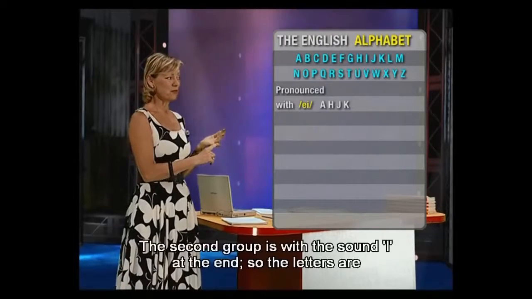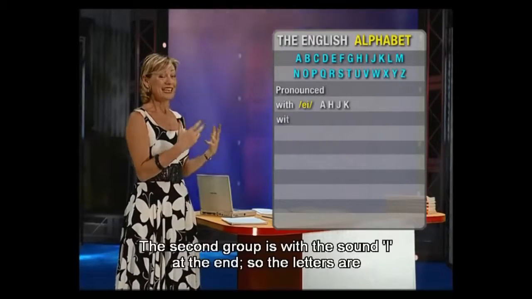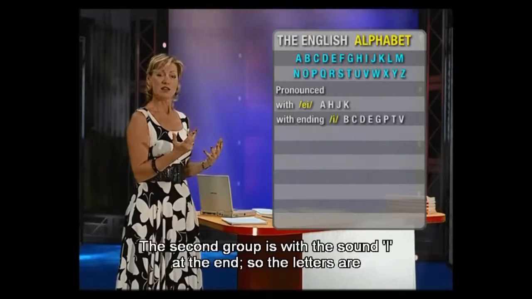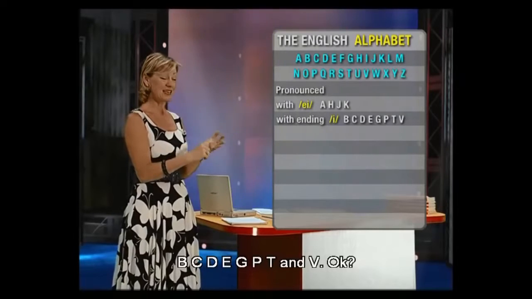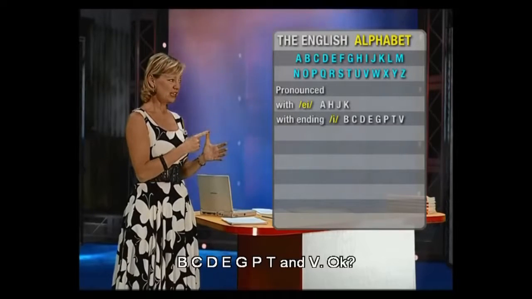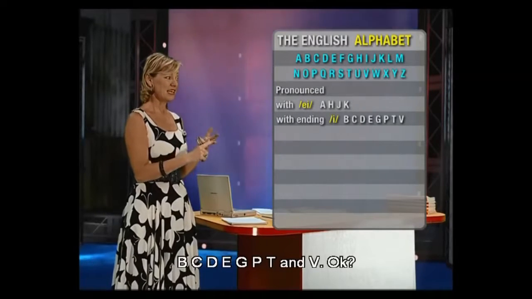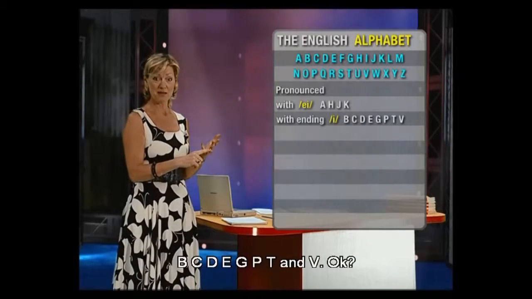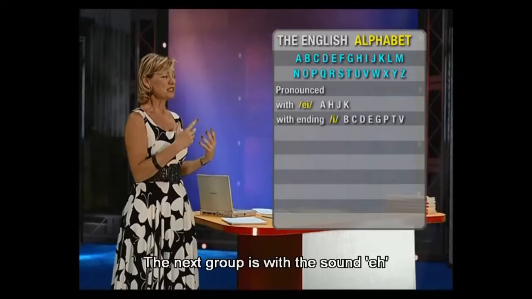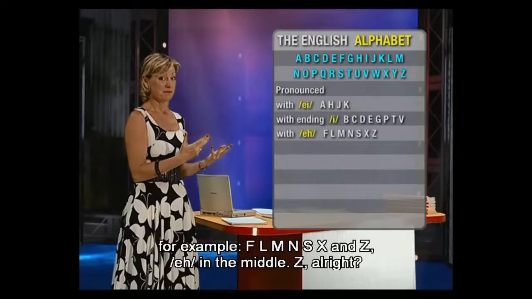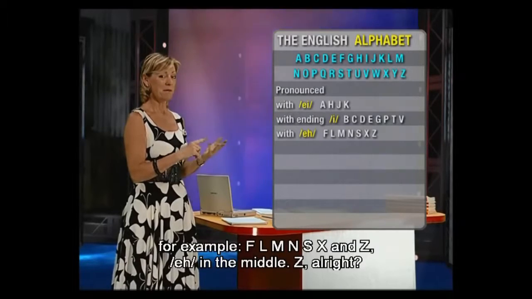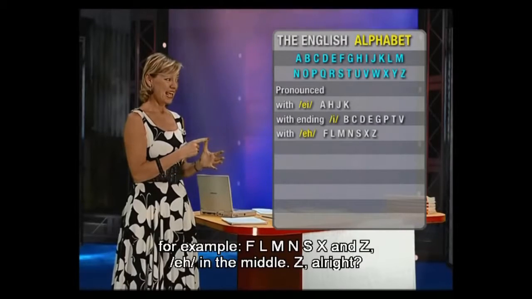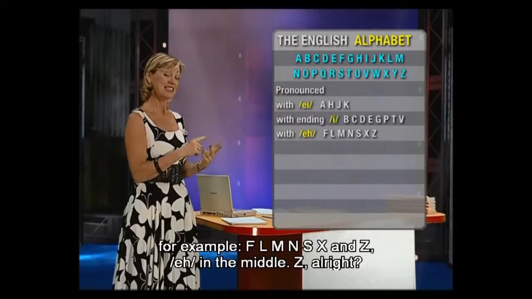The second group is with the sound E at the end. So the letters are B, C, D, E, G, P, T, and V. Okay? The next group is with the sound E. For example, F, L, M, N, S, X, and Z.